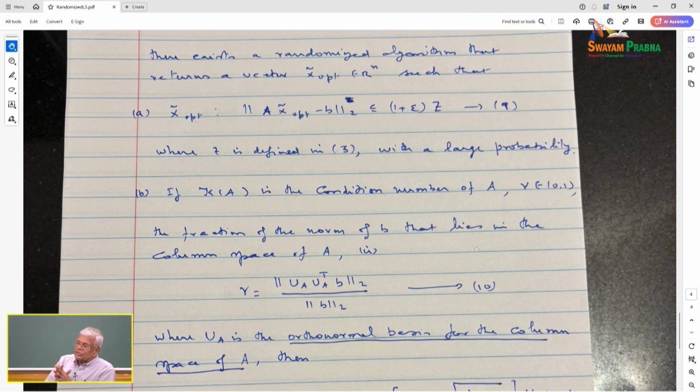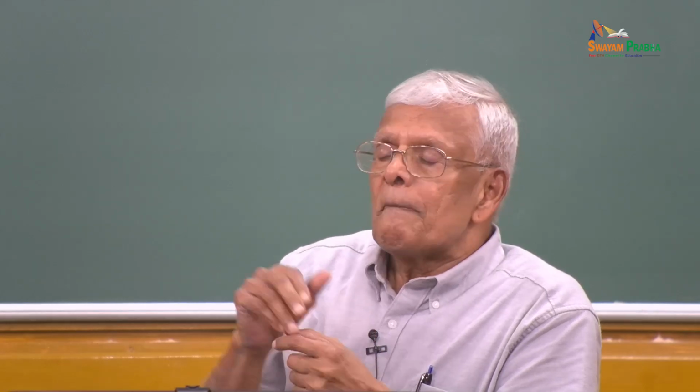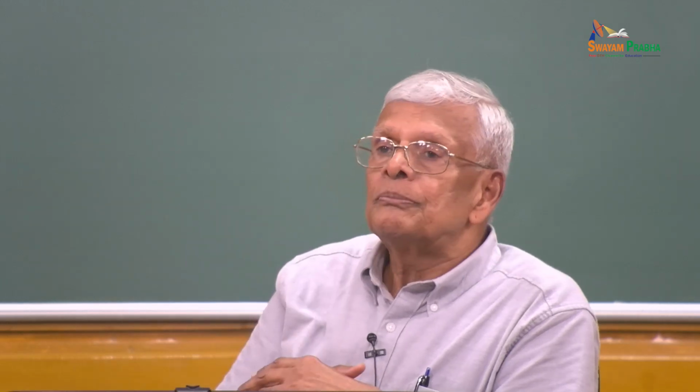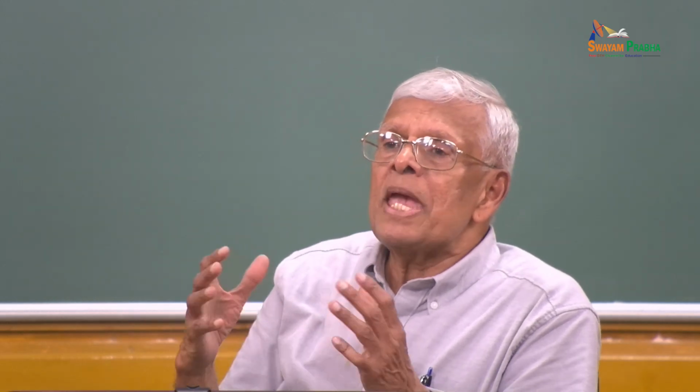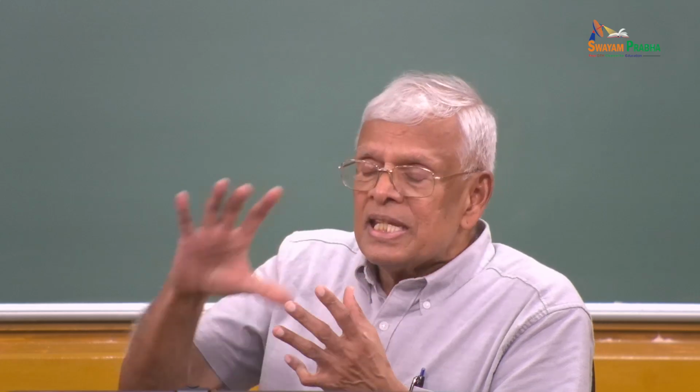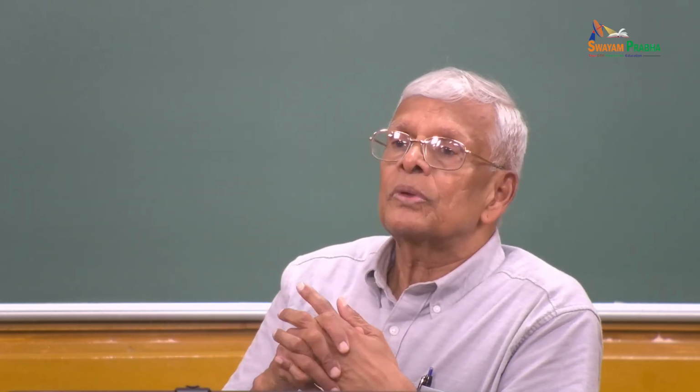AX are linear combinations of the columns of A, B is a vector in Rm. So, there are linear combinations of the n columns in the m dimensional space. B is a vector in Rm. The vector has an energy.